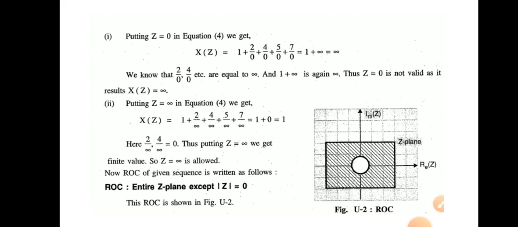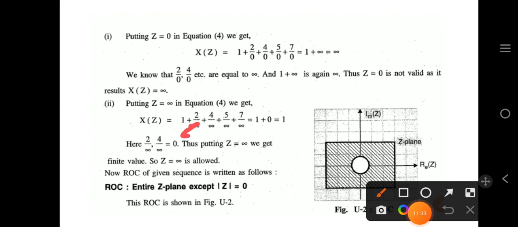Now the second step is to put z equals infinity in the above equation. So X of z equals, what was the equation? It was 1 plus 2 upon z plus 4 upon z, here we were having all z.